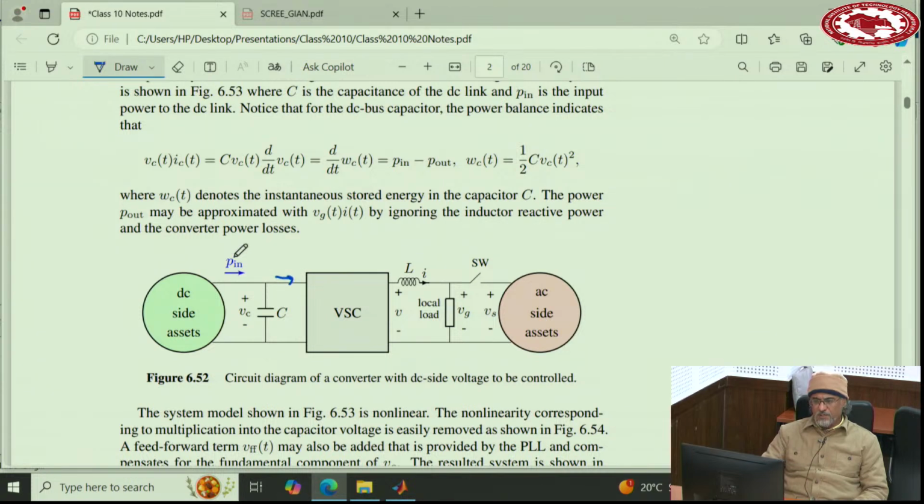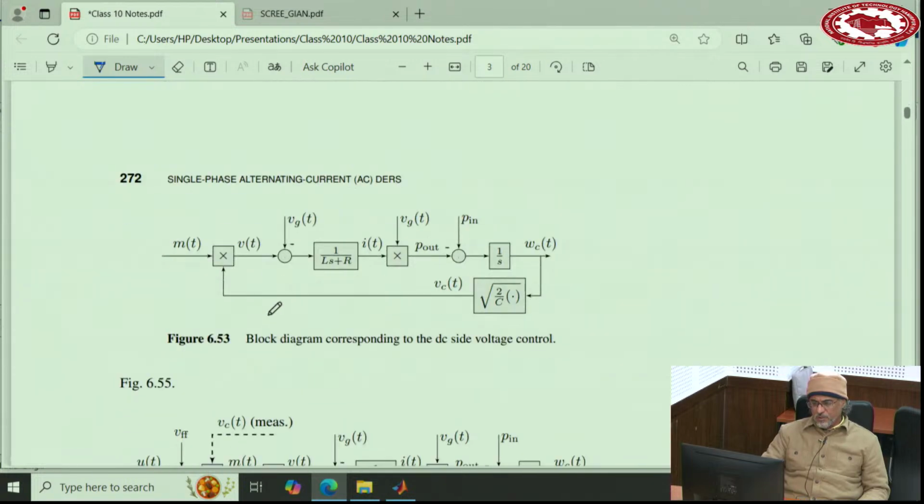And then P in coming from the previous stage, look at P in as a disturbance for now. So P in minus this power is the power going to the capacitor. So I into Vg, that's the output power. P in minus this one is the power of the capacitor. Integral of that becomes energy.